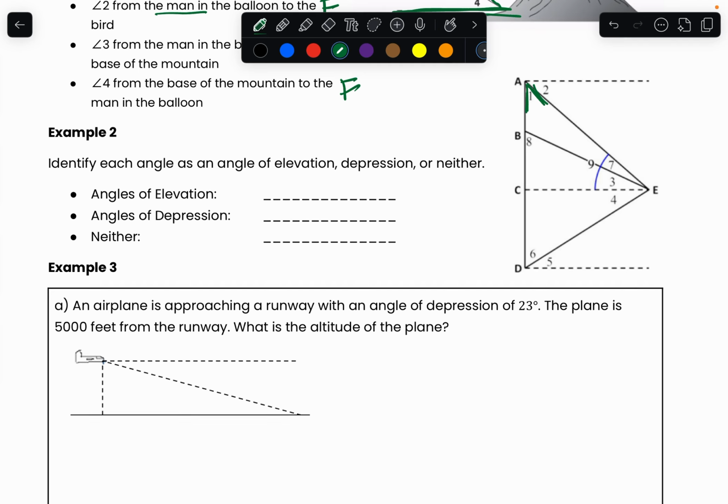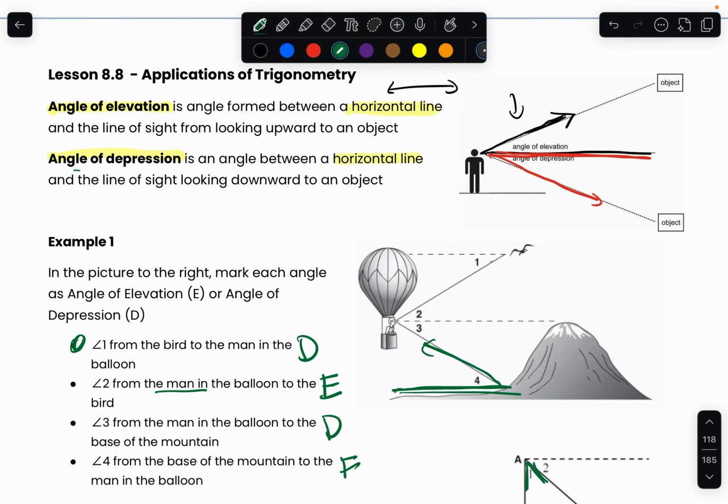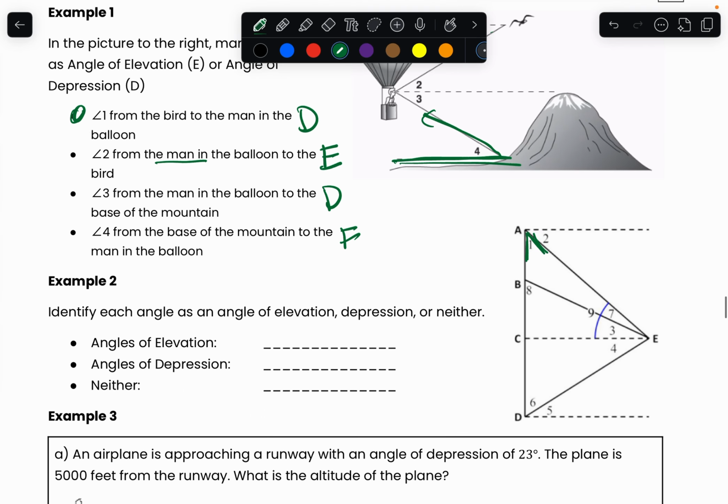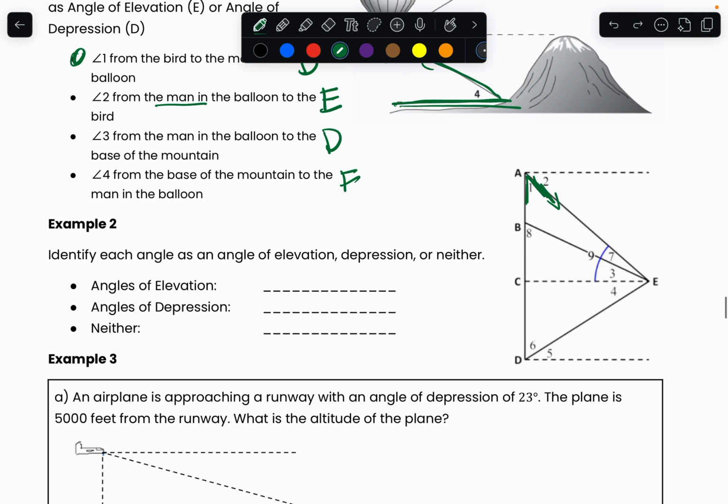No, this is not depression, because in order to be an angle of depression, it has to be an angle between a horizontal line and a line that's going downward. Here we have a line going downward, but the other line is not a horizontal line. So it's going to be neither elevation nor depression. Angle 1 is in none of these two categories, so it goes right here.